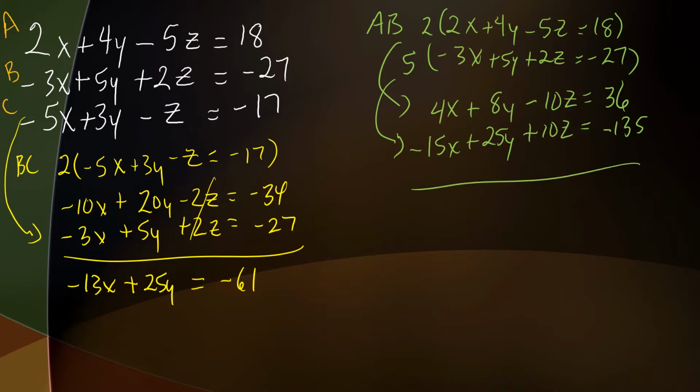All right, so that gives me negative 11x plus 25y. No, 33y. It's easy to make mistakes on these. Negative 11x plus 33y equals negative 99.